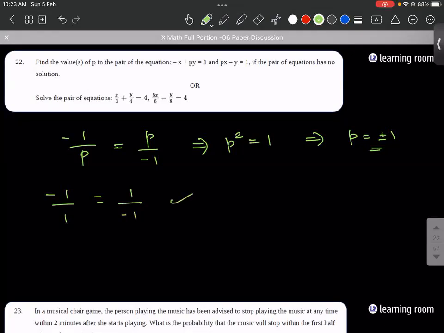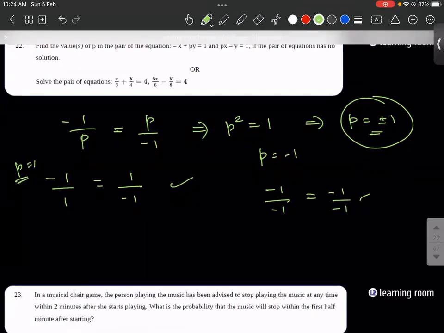So it is right when p is equal to 1. When p is equal to minus 1, what will happen? Minus 1 divided by minus 1 is equal to minus 1 divided by minus 1. It's working, no? Yeah, this is fine. So both will satisfy actually. P is equal to plus or minus 1.